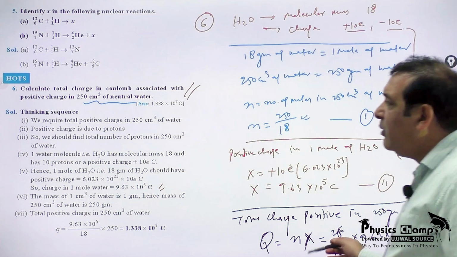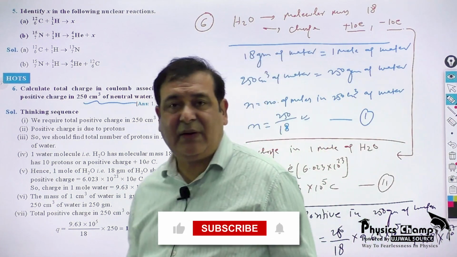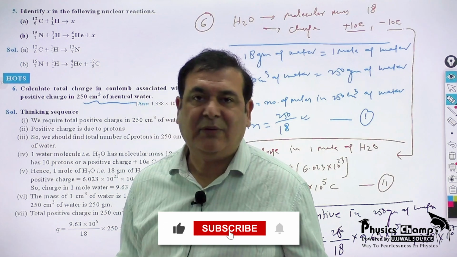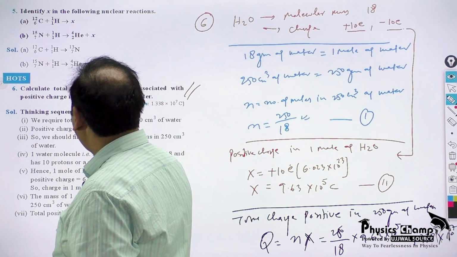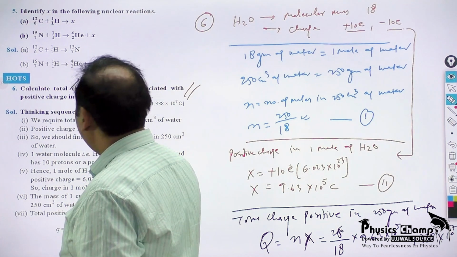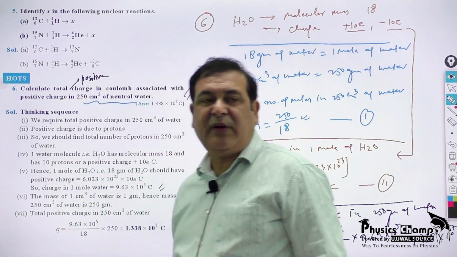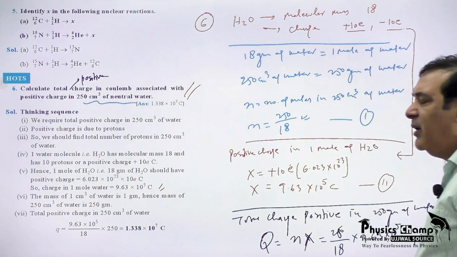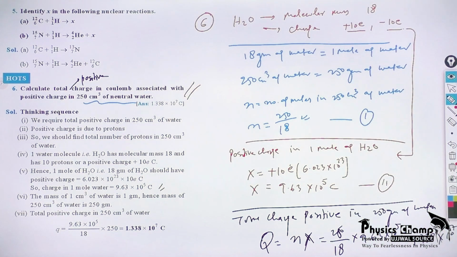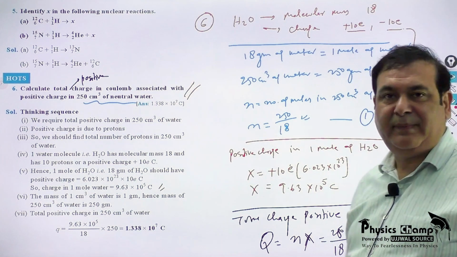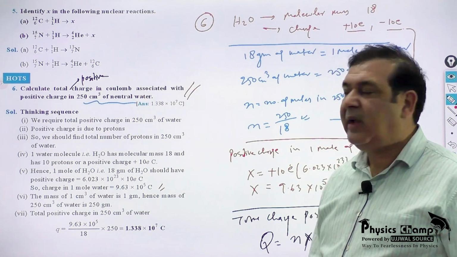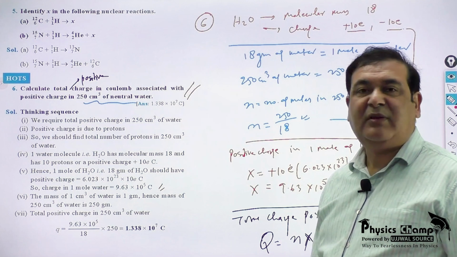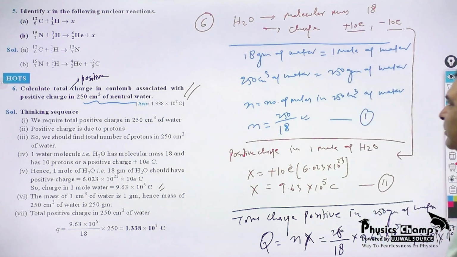If you are just looking for total positive charge, this is fine. The total negative charge will also be the same. In the question I should correct it to calculate total positive charge, because if I ask for the net charge in 250 centimeter cube of neutral water, the answer is 0, because the positive and negative charges are equal. So this is question number 6 for you.